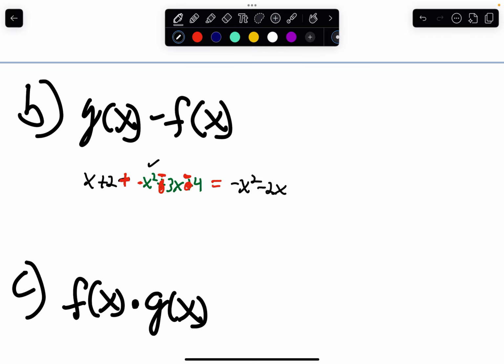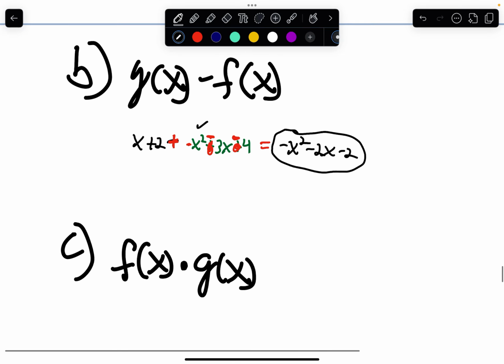And we have positive 2 minus 4 is negative 2. And so this is g of x minus f of x.